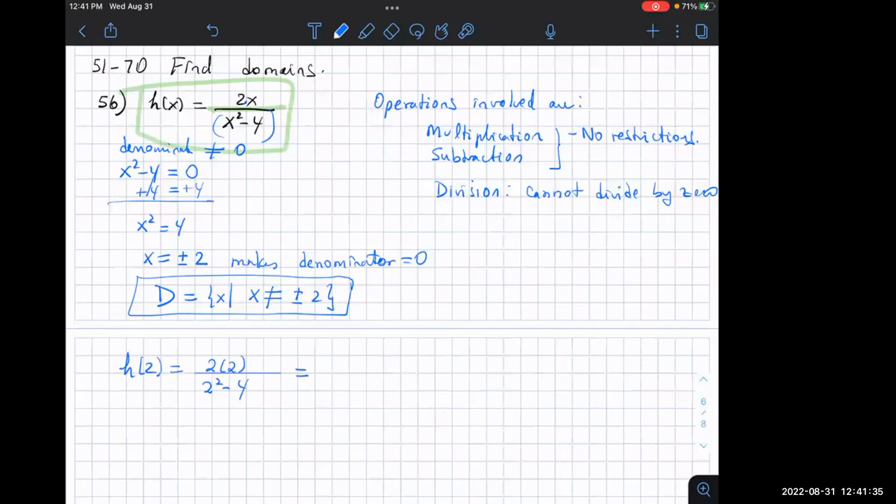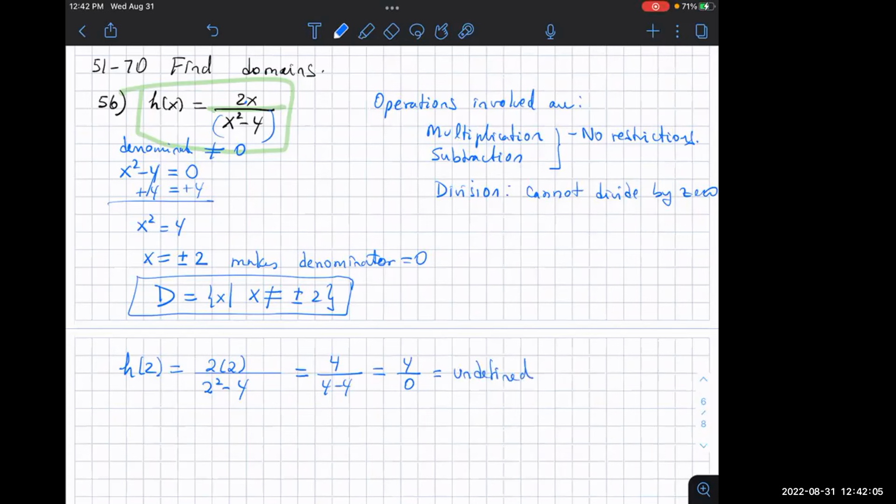Keep on simplifying: 2 times 2 is 4, over 2 squared is 4, 4 minus 4. So I get 4 divided by 0. And what is 4 divided by 0? It cannot be divided. You cannot divide by 0, and that's called undefined.